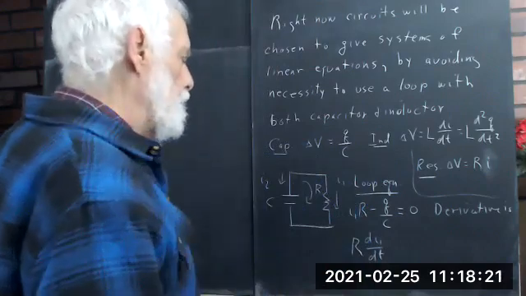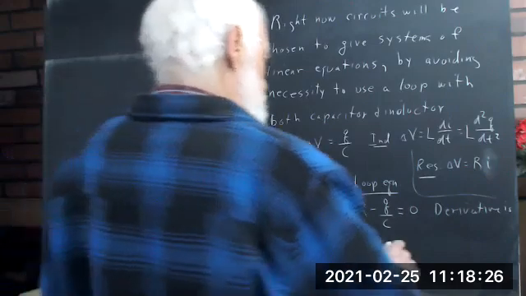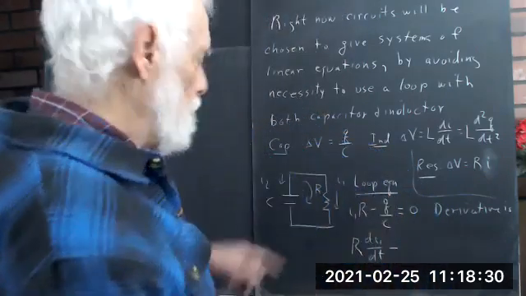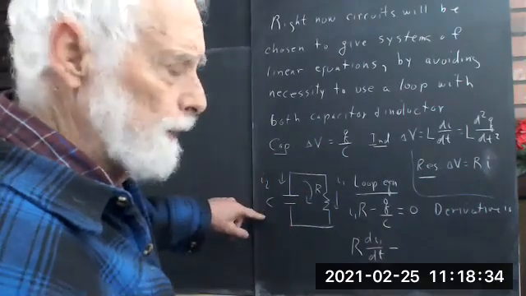Derivative is R di1 dt, obviously, minus the derivative of Q being the charge on the capacitor, is going to be I2.